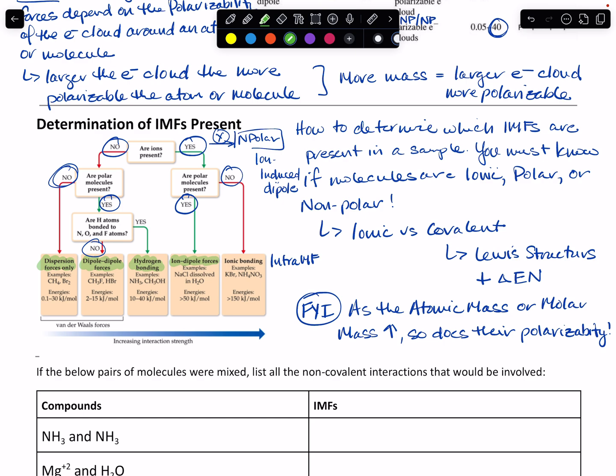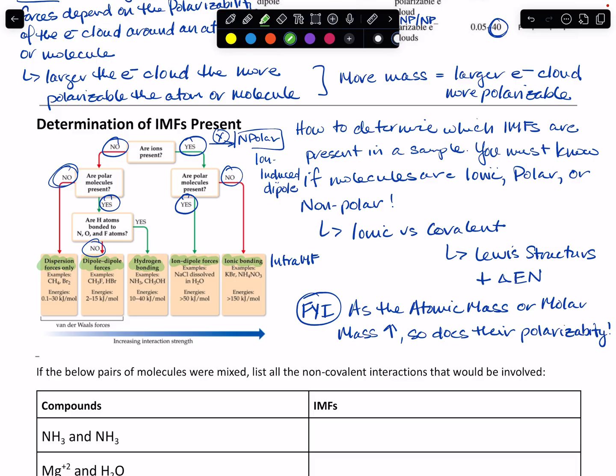So our choices are London dispersion forces, dipole induced dipoles, dipole dipole forces, stronger dipole dipole forces, hydrogen bonding. And then we can have ion induced dipoles, ion dipole forces, and then finally ionic bonding.